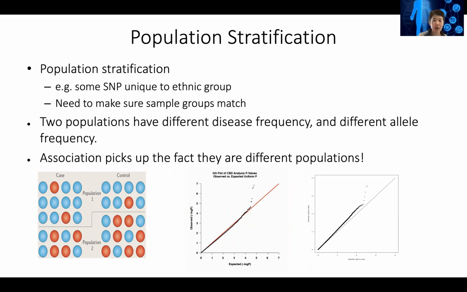Another important thing is to make sure that you don't have population stratification. So for example, if I want to look for SNPs that can predict longevity, I collect the people who can live over 100, centenarians who are over 100 years old, versus people who died before they reach 100 years old.